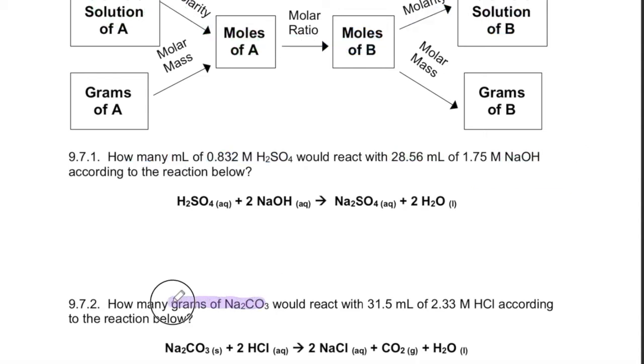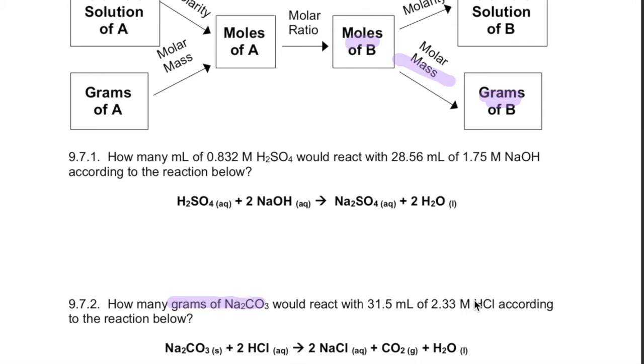So this next one's a little bit different. We want to know how many grams of sodium carbonate would react with a certain volume of solution. So we're looking for grams of sodium carbonate. Once we know the moles of sodium carbonate, we're going to use the molar mass rather than concentration because we don't have the sodium carbonate in solution.